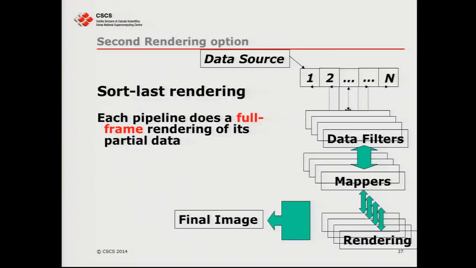The second option is to have every parallel pipeline do its own rendering using its local data. Then there's a final phase to create a final image, using sort last rendering, called a composition phase. This is how it works.